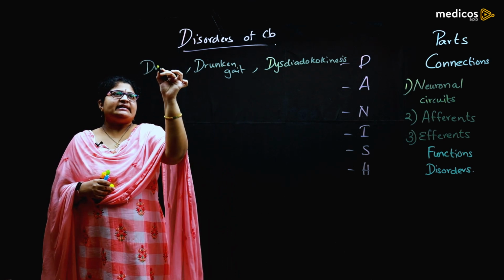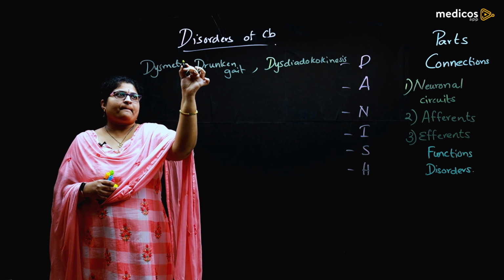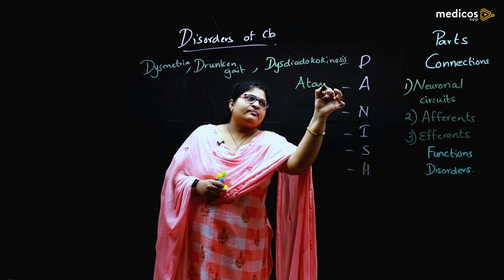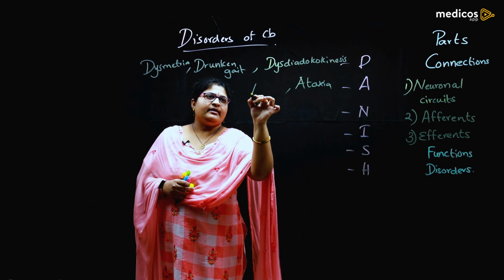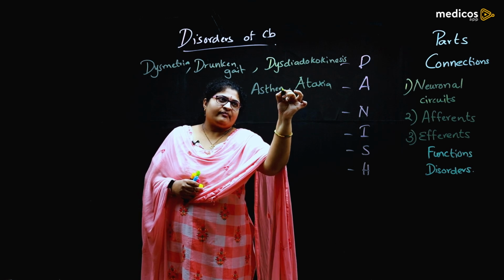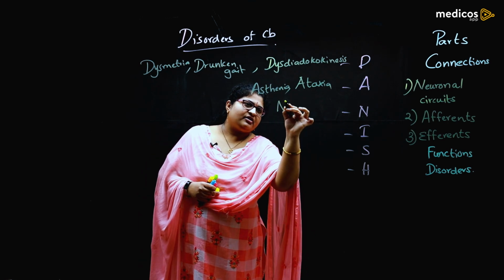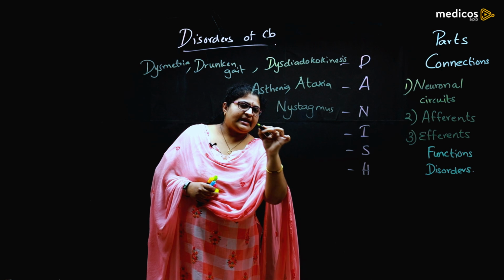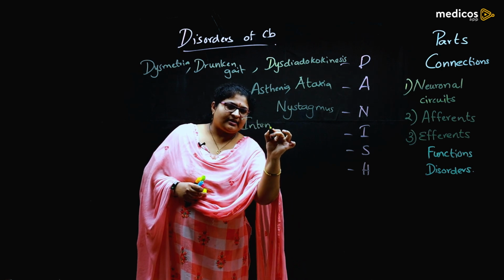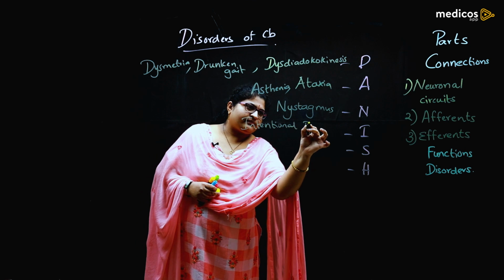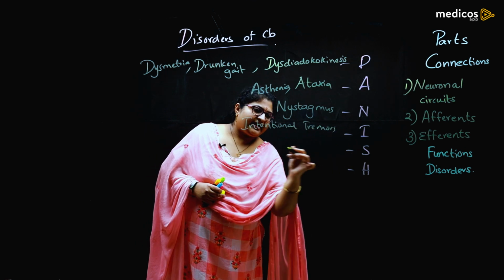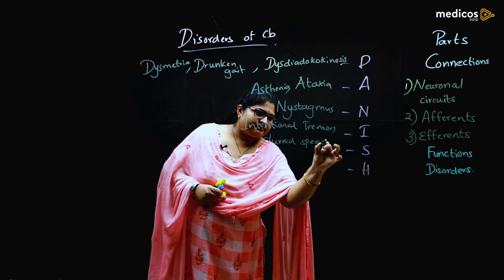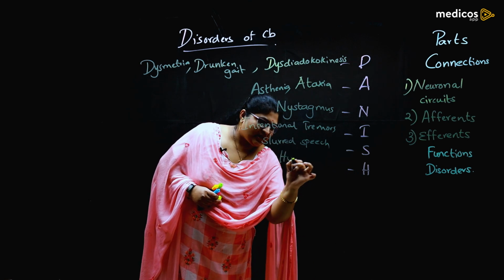And one more thing is dysmetria. Next, A is ataxia and asthenia. And N is for nystagmus. And I is intentional tremors. And S is for slurred speech. And H is hypotonia.